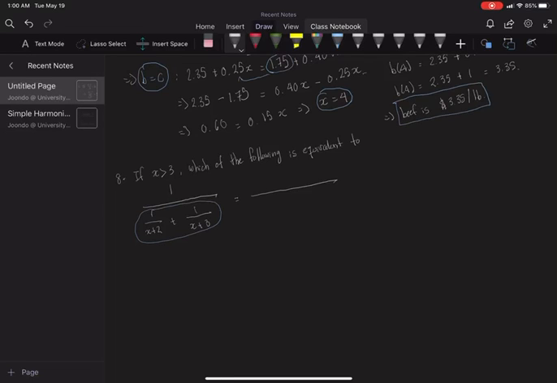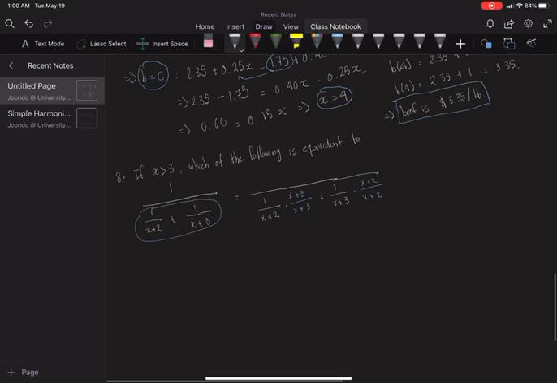So we have 1 over x plus 2 times what we're missing, x plus 3, and plus 1 over x plus 3 times what we're missing, x plus 2.